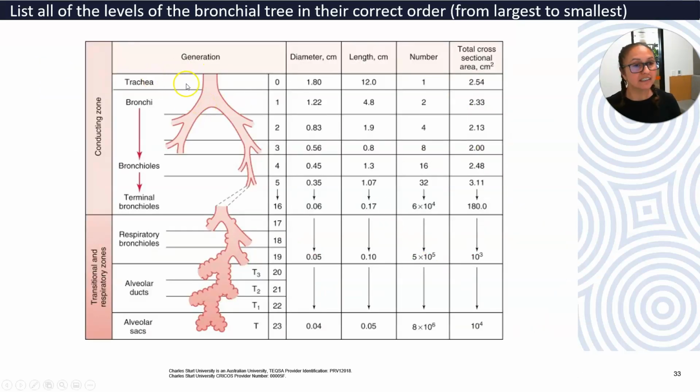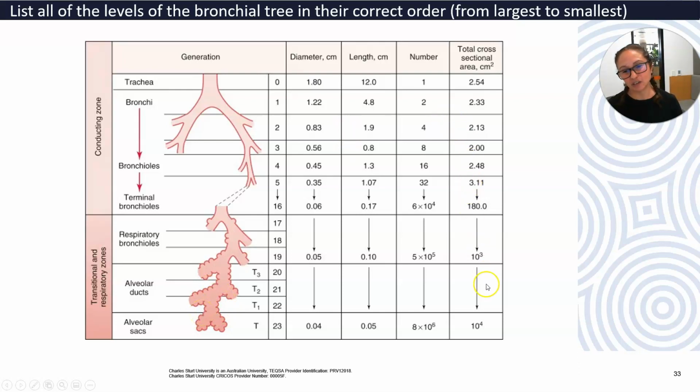Okay, so as you can see here, it just keeps dividing and dividing and dividing. This gives you a good picture that this part of the airway is just there to deliver the air, where this part is going to be involved in gas exchange.